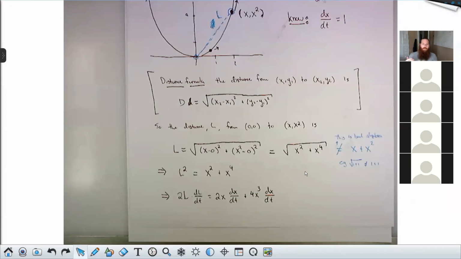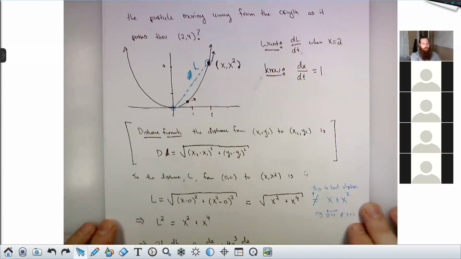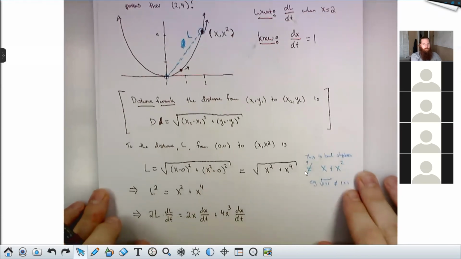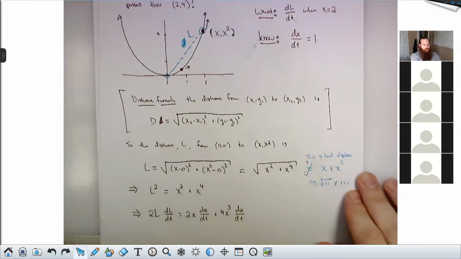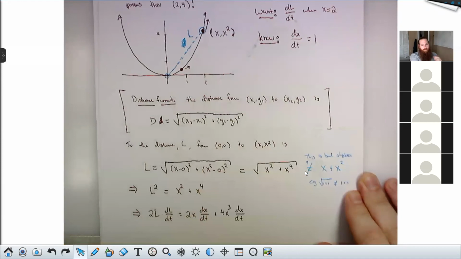And here's where I think about what I know and what I want. I want dL/dt at the moment when x is equal to 2. So I can plug in 2 for x, and I know that dx/dt is equal to 1, so I can plug in 1 for dx/dt. But I still need L.